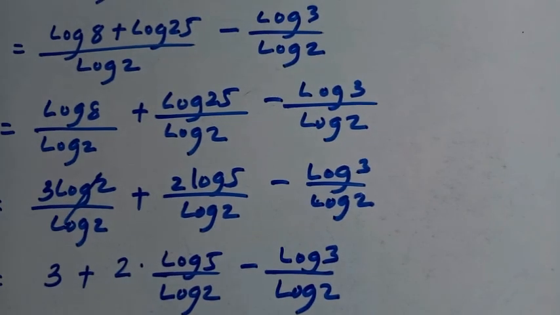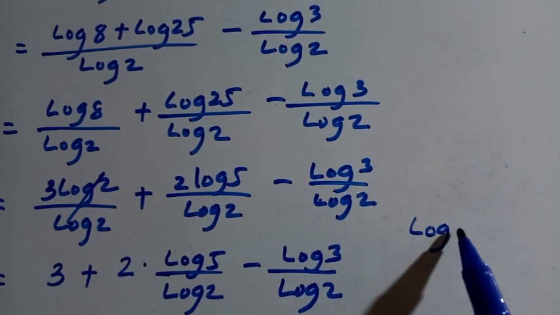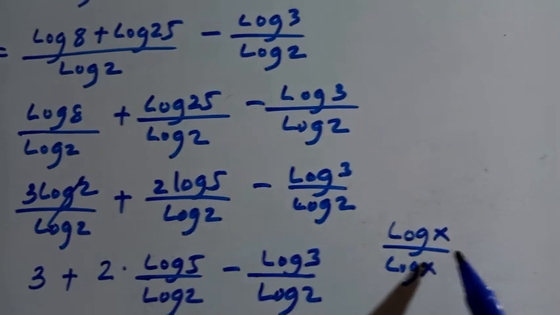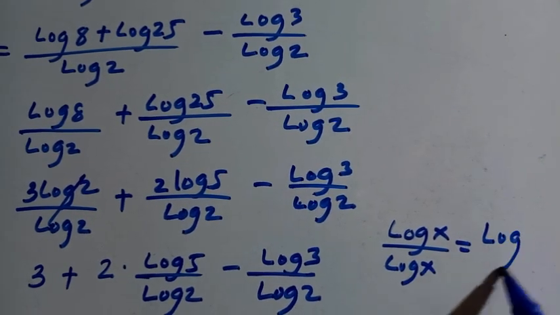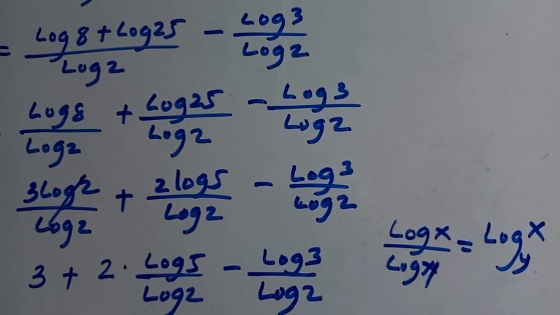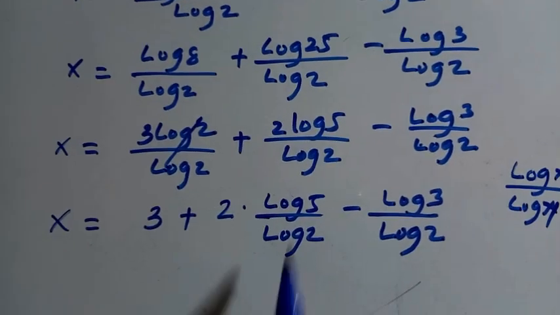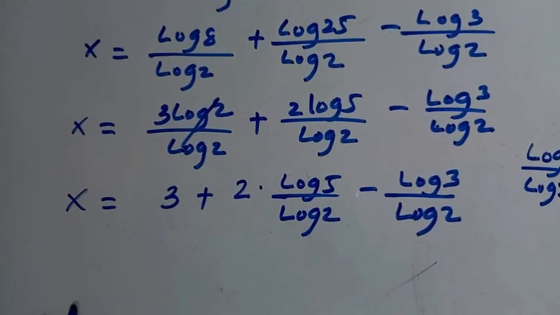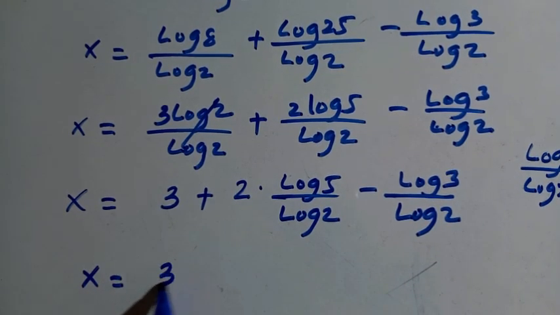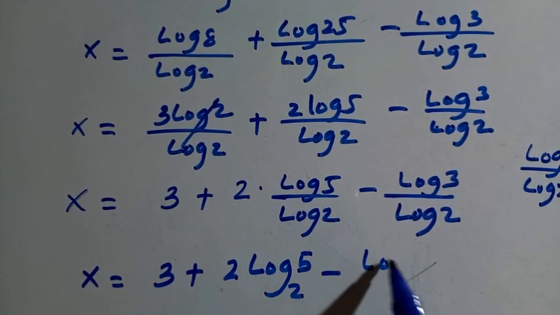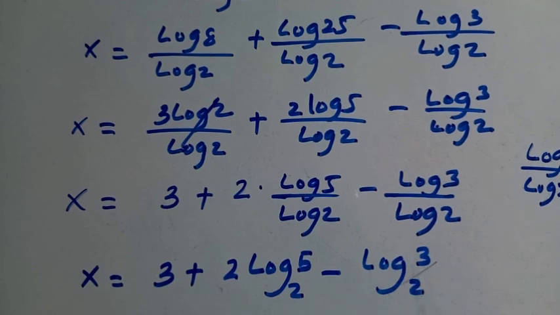And suppose we have log x divided by log y, this equals log x base y. So for log 5 divided by log 2 and log 3 divided by log 2, we are going to apply that rule. And this implies that x equals 3 plus 2 log 5 base 2 minus log 3 base 2.